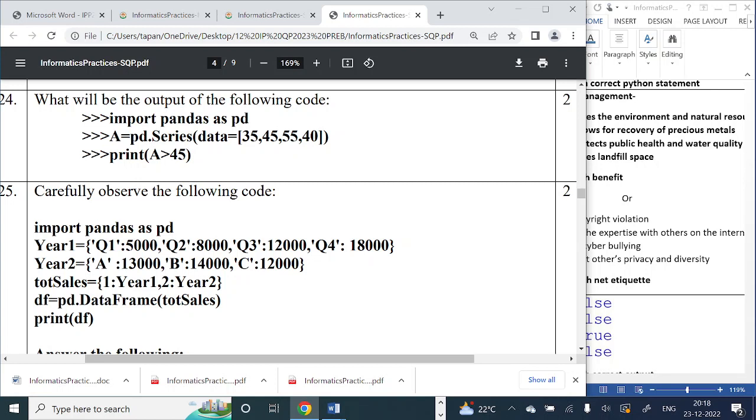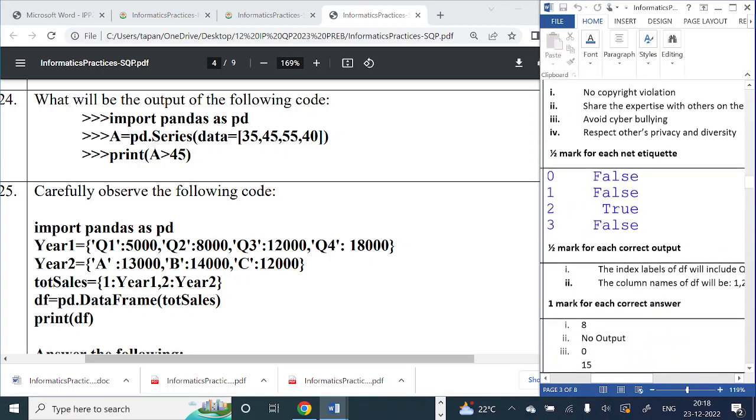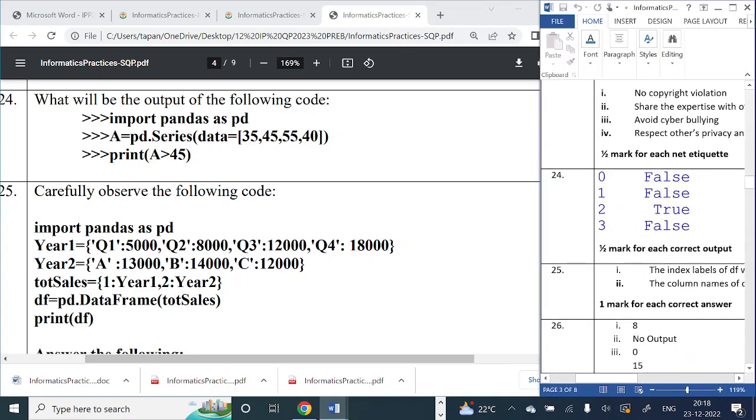It will show False for the first one, second one also False, third one is True, and fourth one is False. So here is your answer. These are the index 0, 1, 2, 3. So 0 is for 35, it is not greater than 45, so False. Second one is not greater than 45, False. Third one is greater than 45, so True. And fourth one is not greater, so False.